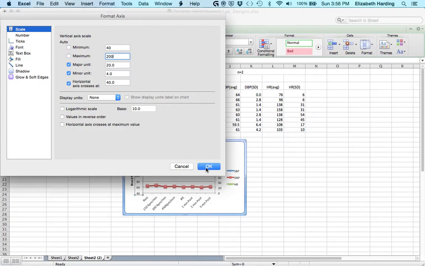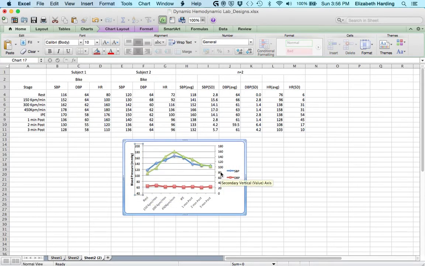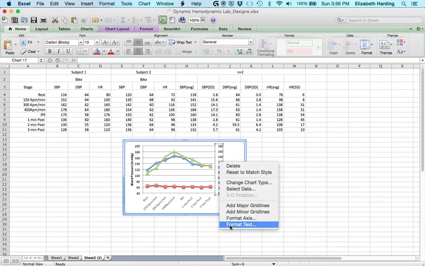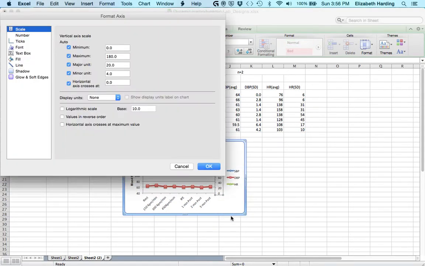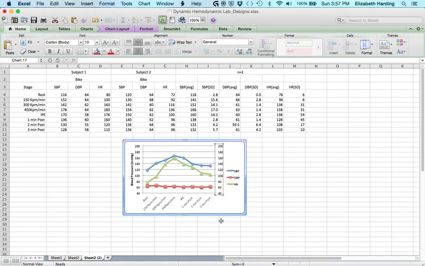I just think it's going to make for a cleaner graph. It's a bit excessive. And that might just be a matter of personal preference. But you don't want a whole lot of extra space hanging out there.